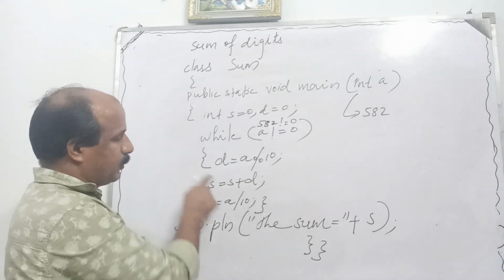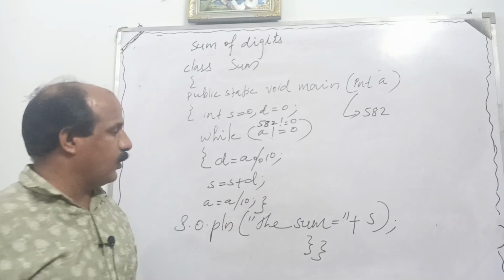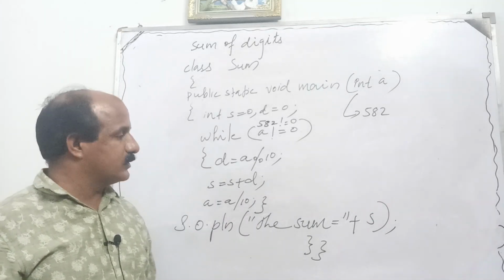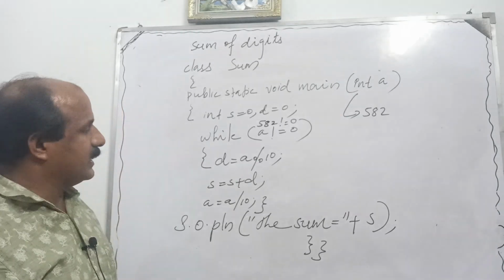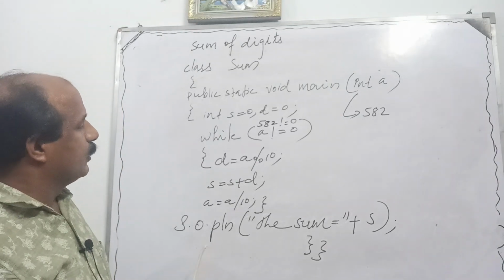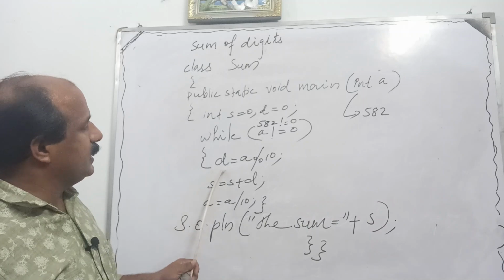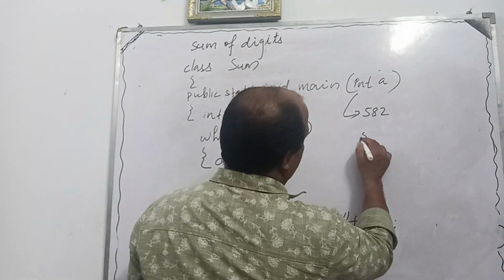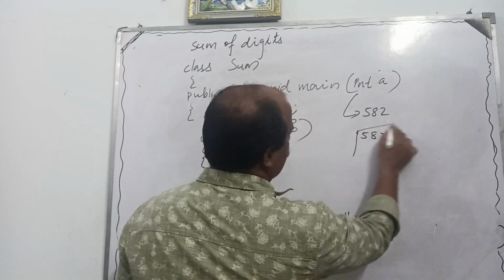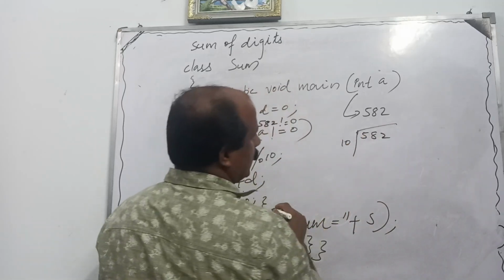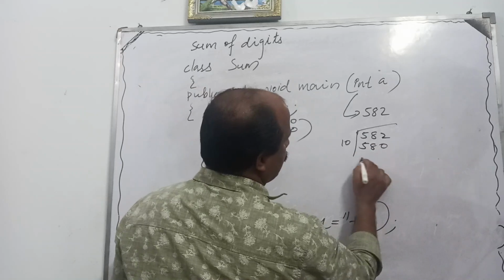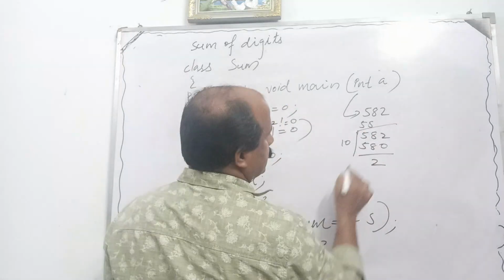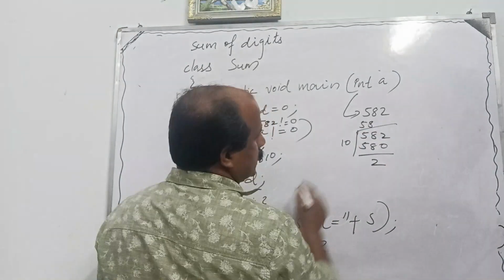True means this block will be executed. In that block, how many statements are given? Three statements are given, so those three statements will be executed. Let us see what they are. The first statement is D is equal to A modulus 10. A means 582, modulus 10: 58 times, remainder 2.